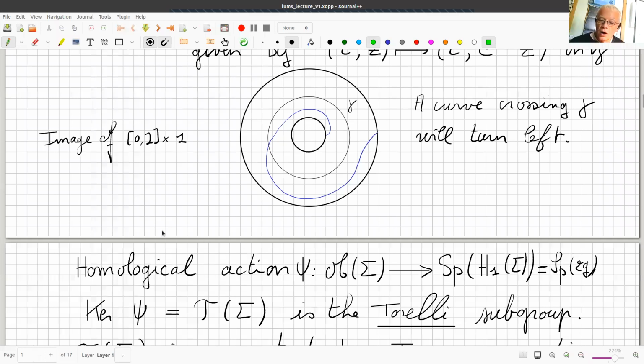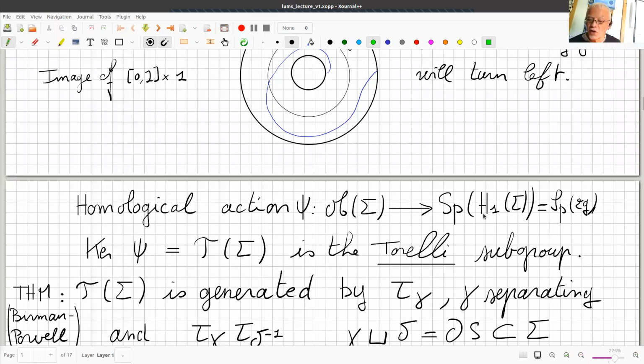Okay, so you have a homological action. I denote by psi the map from M of sigma to the subgroup of automorphisms of H1 which are automorphisms fixing the intersection form. And then it's an easy representation.